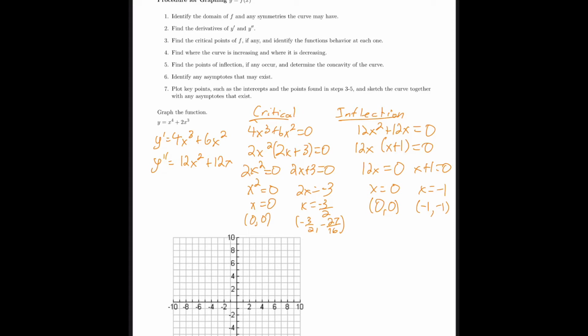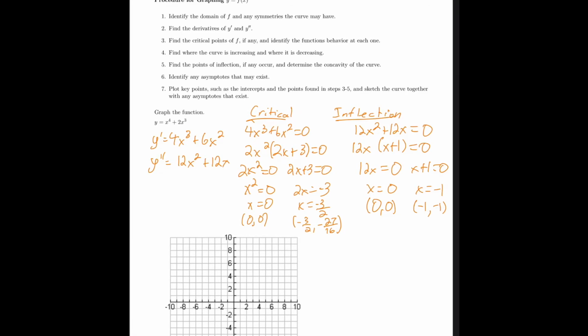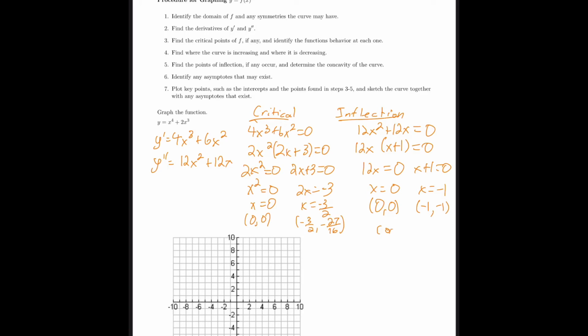Okay, so now we want to figure out the concavity of everything that's going on here. To figure out the concavity, we've got 3 regions.